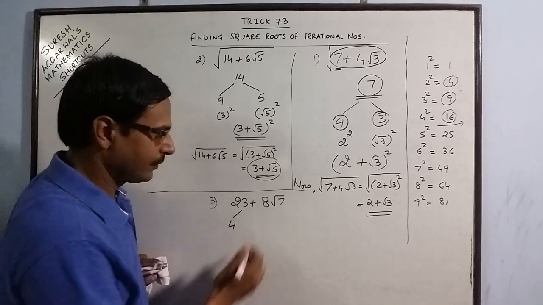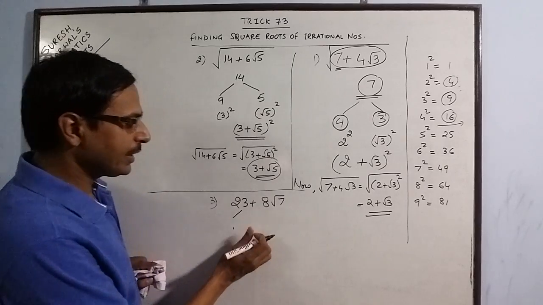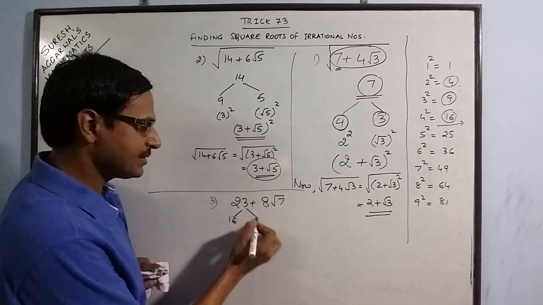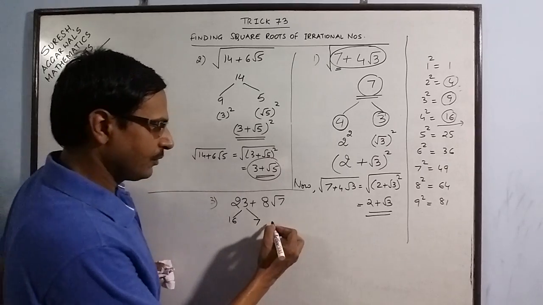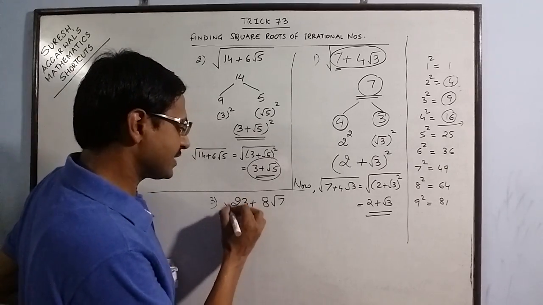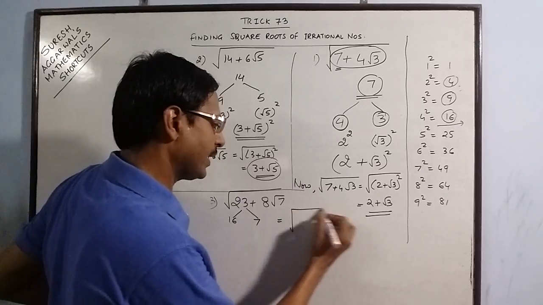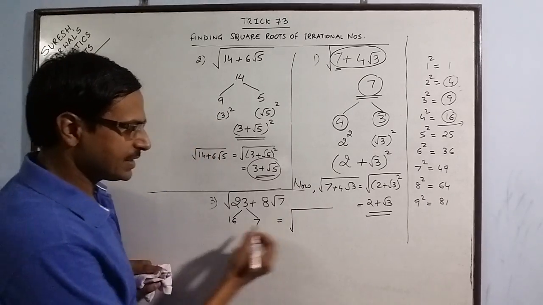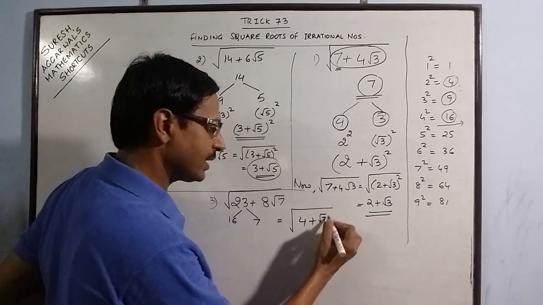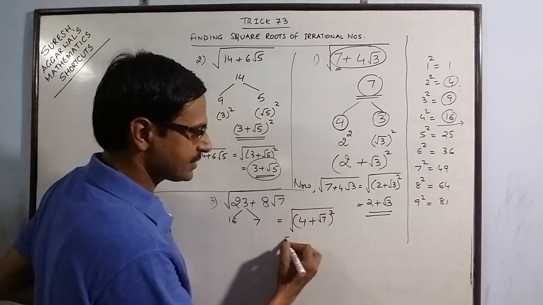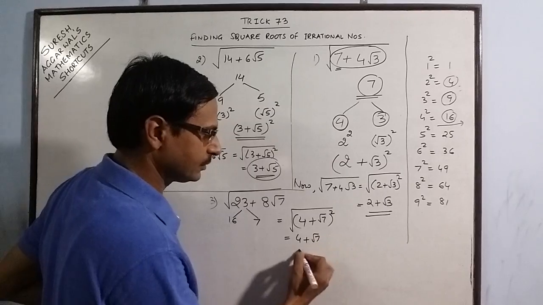So I take 4. And what about the remaining part? If this is 16, then 23 minus 16 is 7. So the square root of this number is the square root of 4 square plus root 7 square. We have the answer as 4 plus root 7.